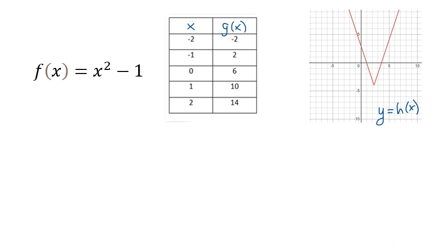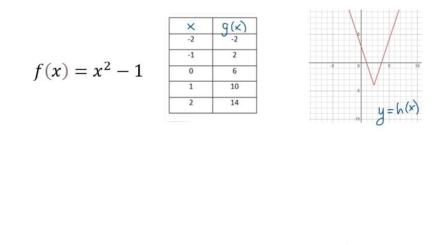So to review, the three most common ways of expressing the relationship between an input x and an output y is with an equation, a table of values, or a graph. And we can evaluate each of these functions at a point, as long as the point is visible from the way that the data is presented.